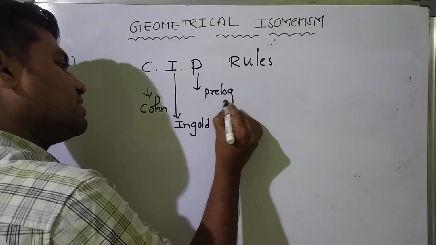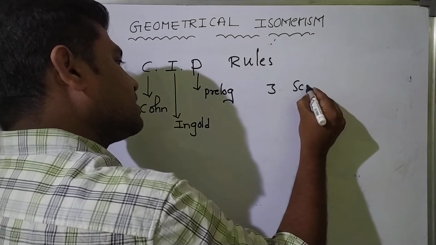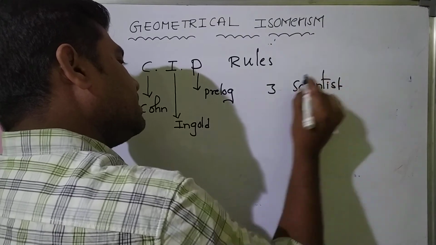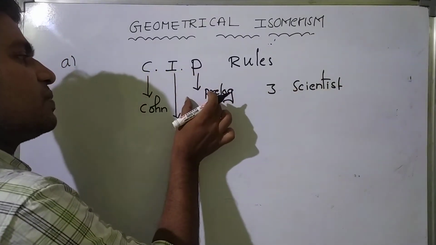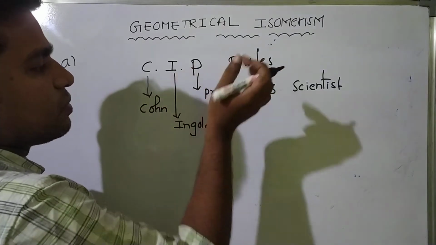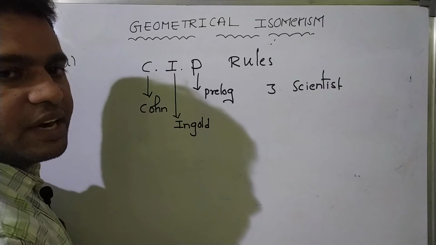So these are three scientists. These three scientists formulated these rules known as CIP rules, Cahn-Ingold-Prelog rules.